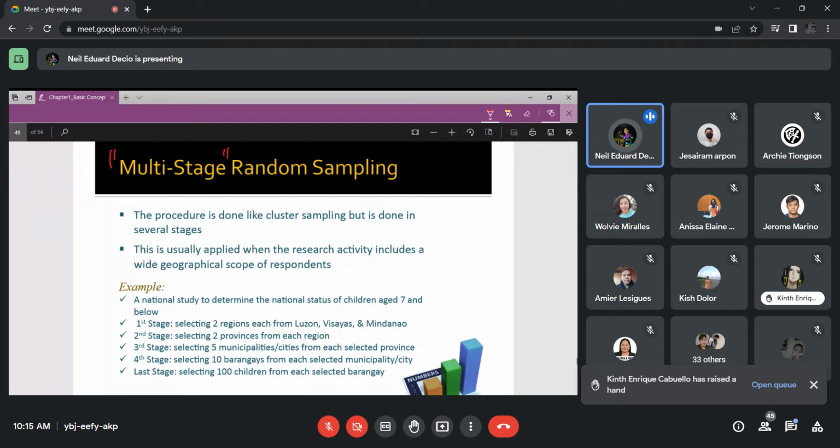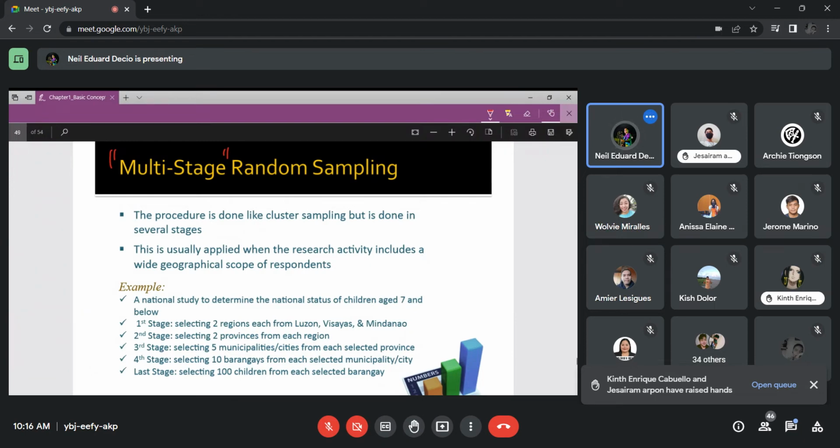Because the main goal of conducting a study is that you need to be able to generalize. Right? So from the sample, it needs to reflect the population if you want to generalize. Because what's the point of sampling if it will not reflect? You correlate your sample to your population if they are actually related.